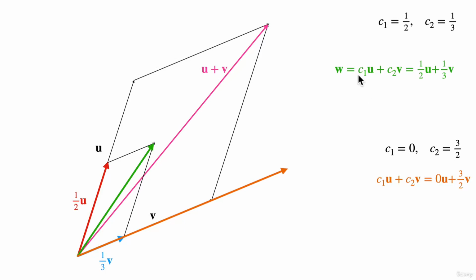C1 equal to 0 means that this vector U does not participate in the production of the vector W, right? And C2 equal to 3/2 means that this vector V will be 50% longer, right? So we get this vector here.